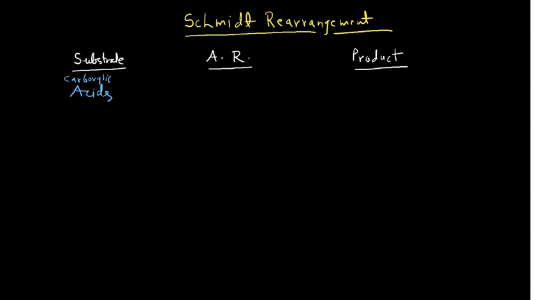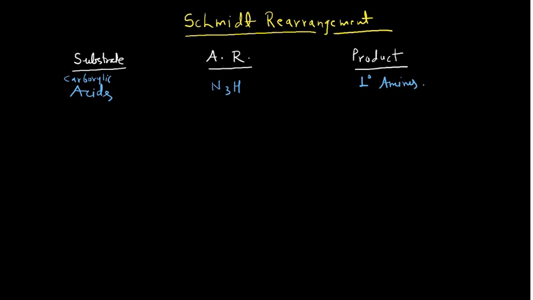Whenever you take carboxylic acids and react them with hydrazoic acid, which is your N3H, then, like your Hofmann bromamide reaction, you will always obtain primary amines. This reaction is quite simple, and generally the CSIR NET and GATE examinations don't ask problems from the Schmidt reaction where you have the carboxylic acid as the starting material.